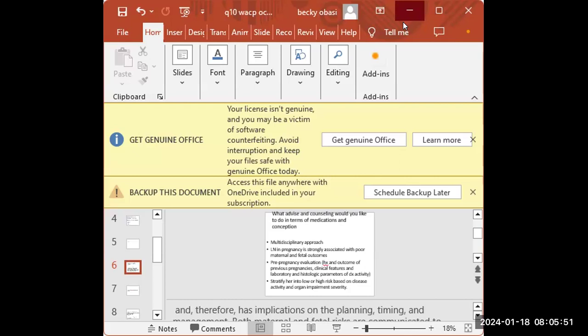The goals of managing this patient is one, to counsel and educate these patients on this course, and to retard the progression of the disease condition, and manage these patients in a multidisciplinary approach. Thank you.